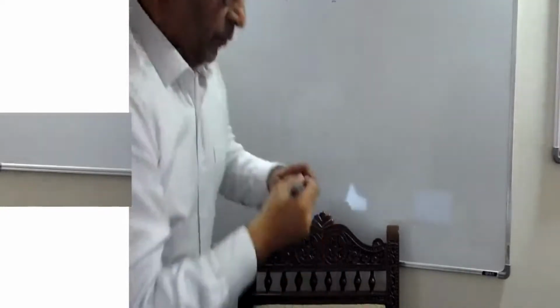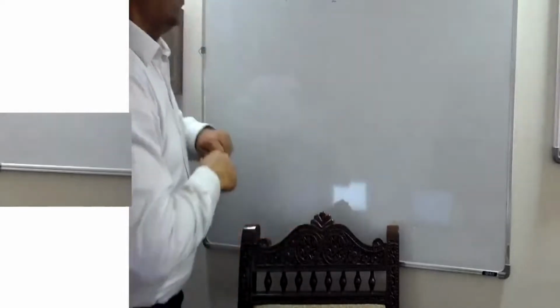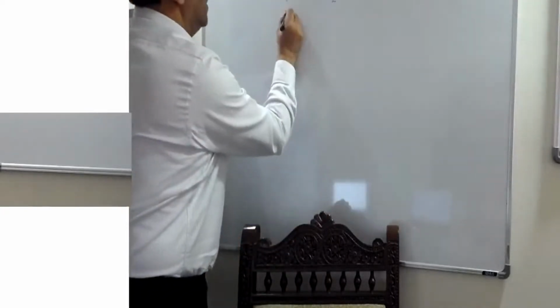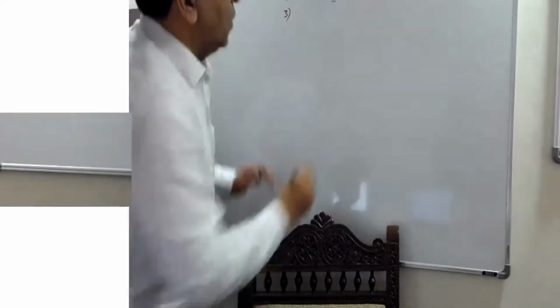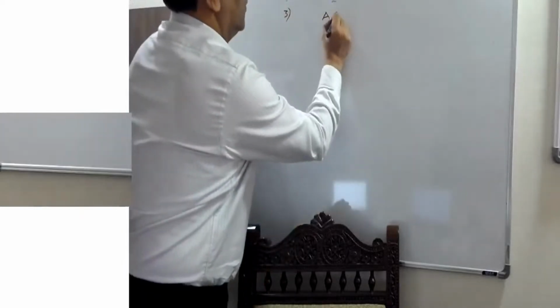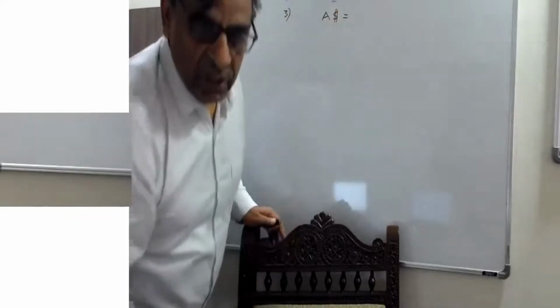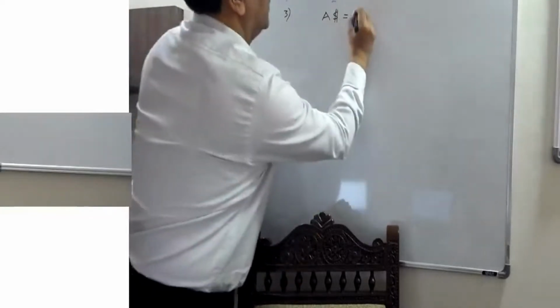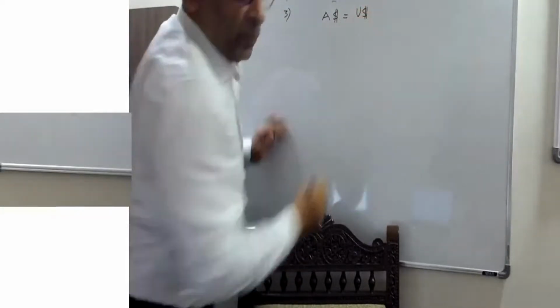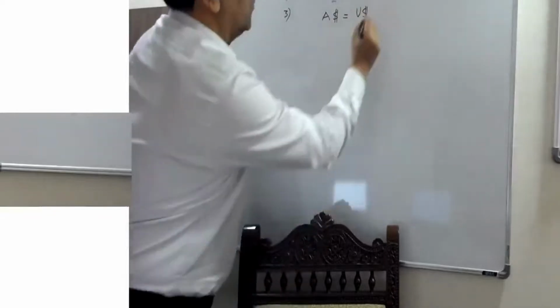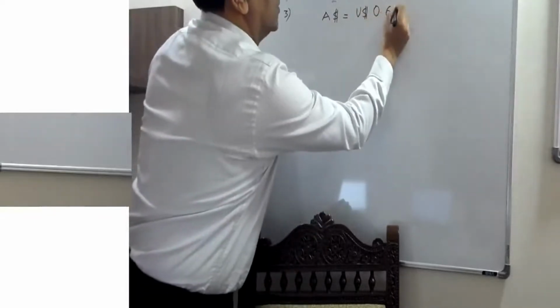I'm going to use a black pen. Third one which is given is Australian dollar is equal to US dollar 0.68.